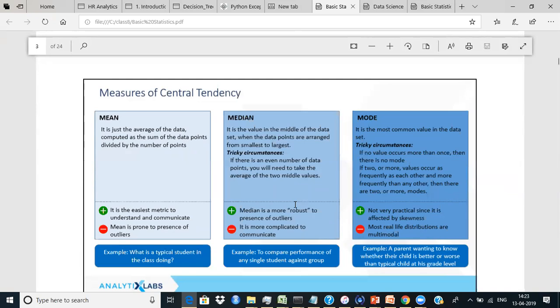In the long run, the only use of mode is to calculate central tendency for categorical variables, because for categorical variables, you cannot calculate mean, you cannot calculate median. You understand, right? There cannot be a mean or median for hair color, but there can be a mode. Make sense? So mean, median, mode are three measures. Each of them has its advantages and disadvantages.